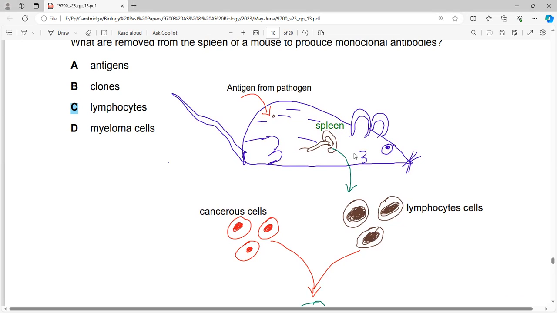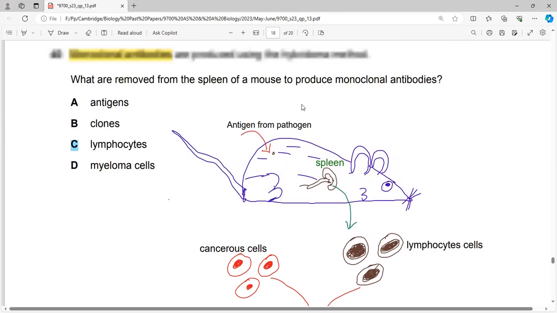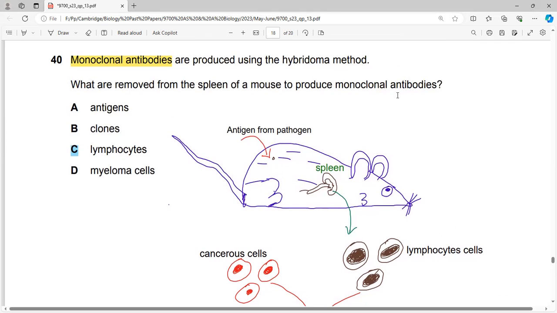That is the whole process for the production of monoclonal antibody. So here the question is, what was removed from the spleen of the mouse to produce monoclonal antibody? That is lymphocytes. So we remove the lymphocytes from the spleen of the mouse. That is the correct option.